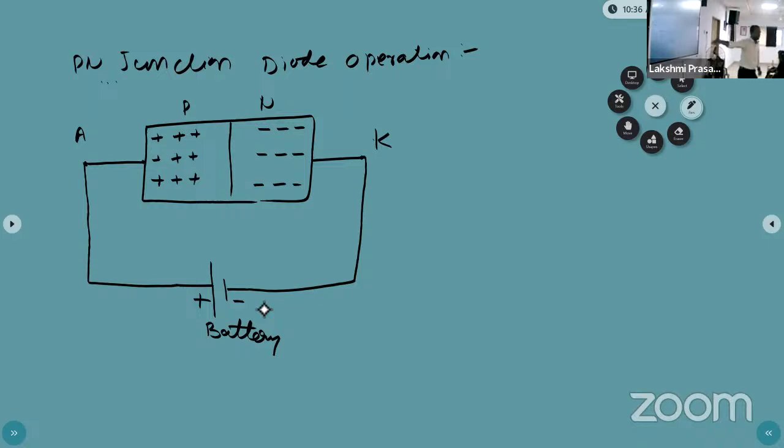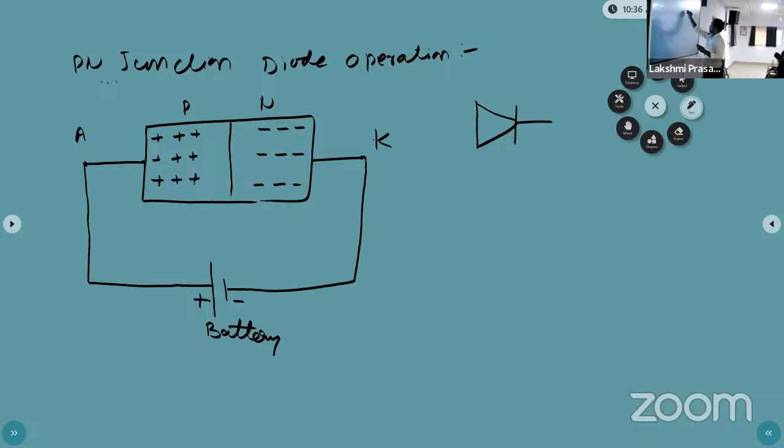Now I have not switched on this battery. The battery is in the off position. Now I am connecting the positive terminal of the battery to the anode, and the negative terminal of the battery to the diode cathode. If you want, I will use the symbol also.